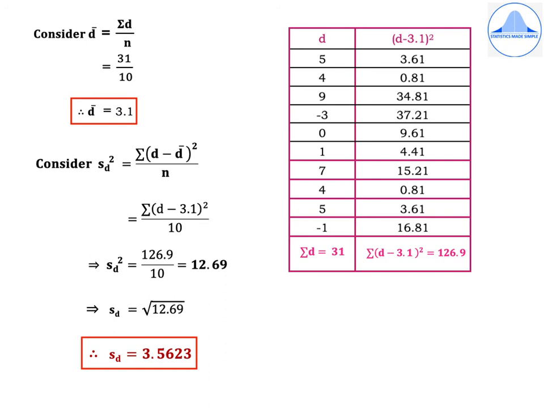Substituting in SD square, we get SD square is equal to 126.9 divided by 10, which is equal to 12.69, or SD is root of 12.69, that is SD is equal to 3.5623.